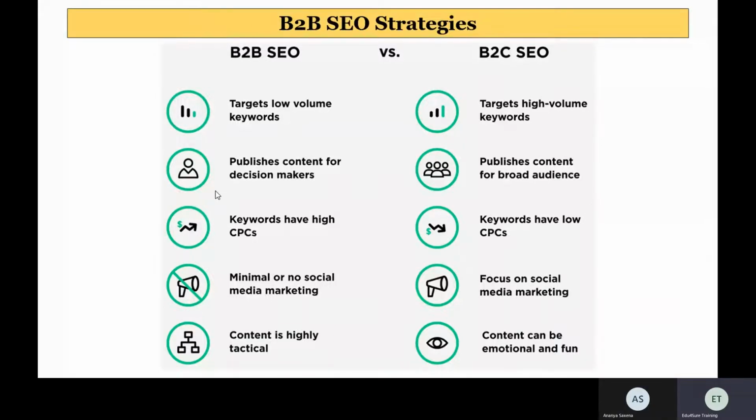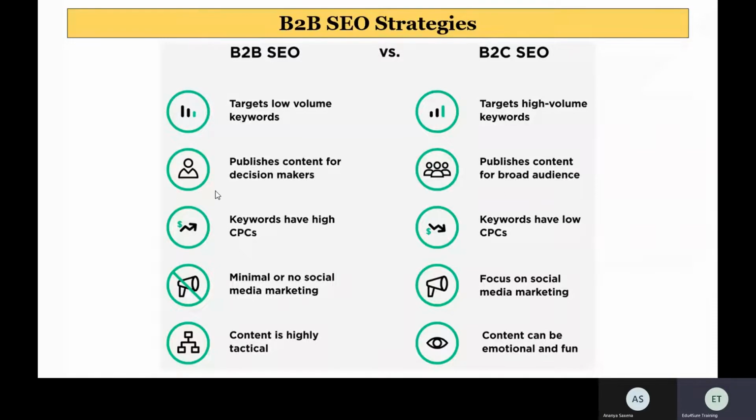After understanding what B2B and B2C are, you can easily understand that B2B targets low volume keywords, because the decision makers do not search everything over there. For example, suppose your manager is searching for training for you, so she will search digital marketing trainers. But it will be very low search volume because it is directly buyer intention.